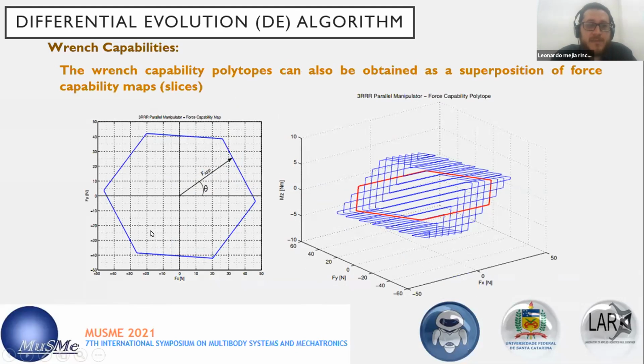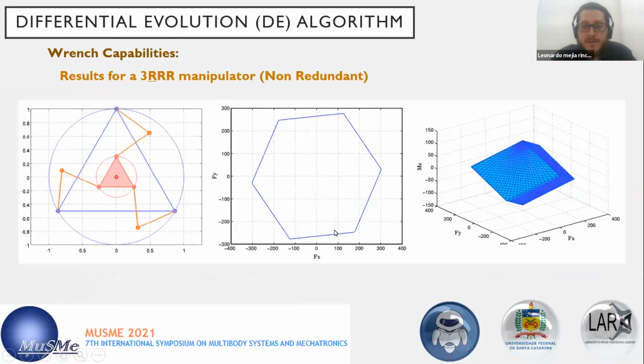And each of these polar representations is seen as a slice of this three-dimensional representation, while the moment is represented on the z-axis. So in order to summarize, for this manipulator, for example, a 3RR parallel manipulator, we can obtain for this central position this polar representation and its corresponding polytope.